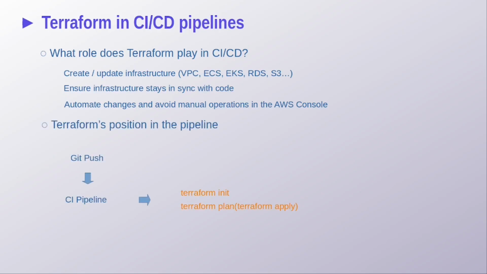Terraform's position in the pipeline. Now let's talk about where Terraform runs. A very simple pipeline looks like this. Terraform usually runs in a separate infrastructure stage. It is not mixed with the build stage, test stage, or application deployment stage.